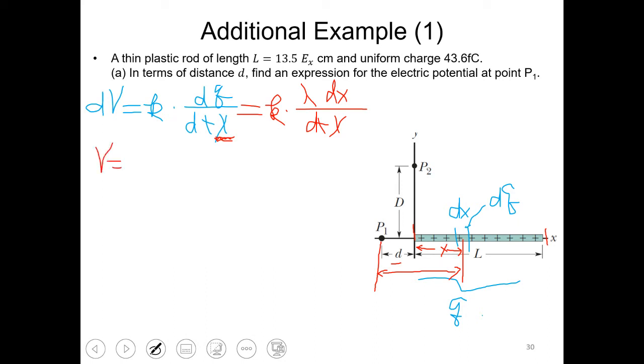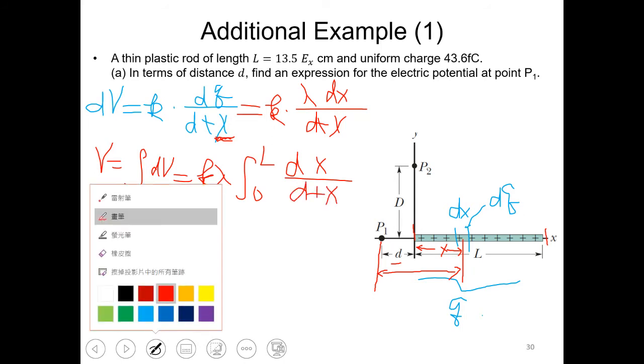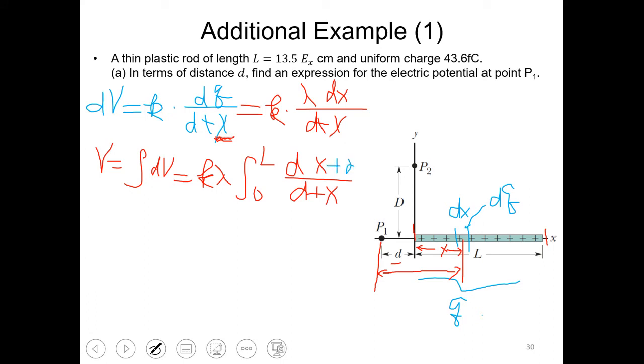So V is the integration of dV, which is k lambda integration from 0 to capital L of dx over d plus x. You can simply add plus d here, because d is nothing but a constant. So dx plus d is nothing but dx.